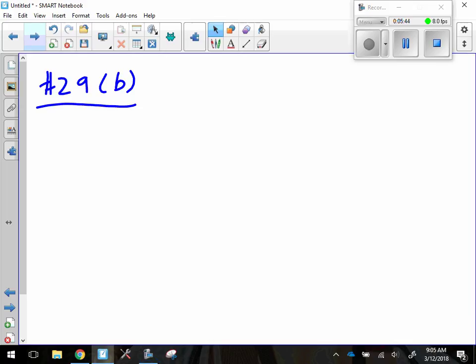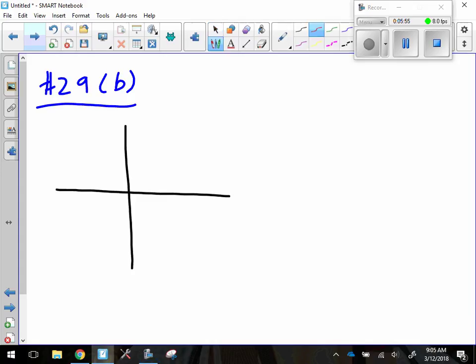You could look back in your notes because we've already done this problem. Okay, so as you may recall from problem 29, we had a curve that looked like this, which was y equals radical x, that sideways parabola. And we had the line y equals 2 and the line x equals 0.